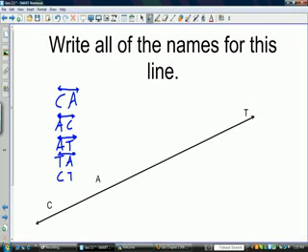We could name it CT. Or we could name it TC. The one thing that we cannot name it is CAT or TAC. A line is only represented with two capital letters. So we cannot name this with any more than two letters.